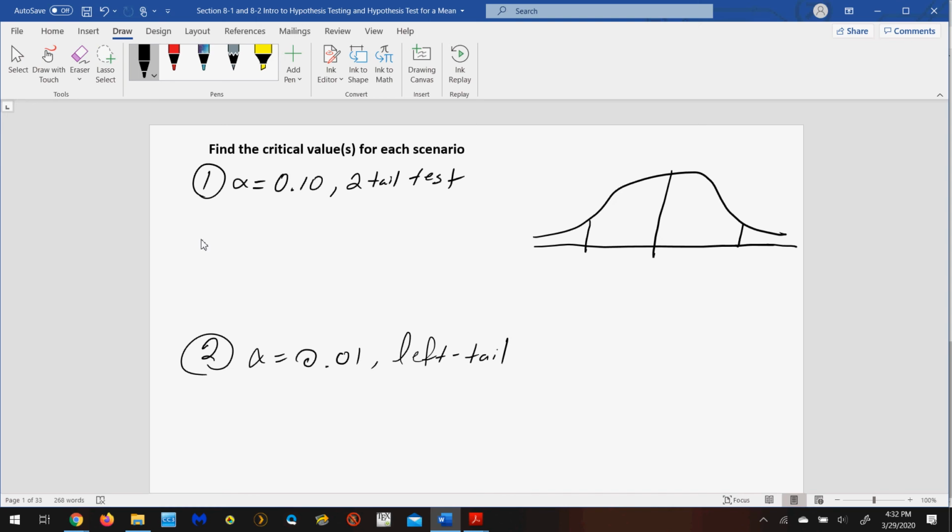So I have to take 0.10 and divide it by 2. 0.10 divided by 2 gives me 0.05, which is how much I will have in each tail. Now, as before, determine how much is left over, which would be 0.45 because each side is a half. And now you're going to have to use the z-table to figure out the z-score that corresponds to 0.45.